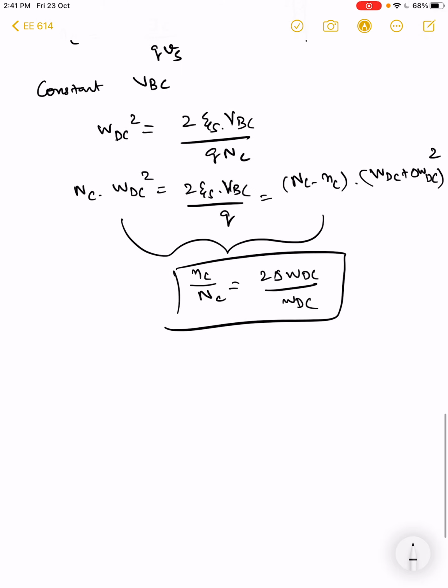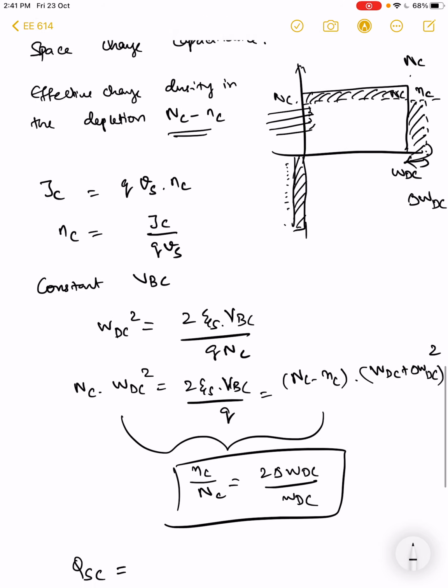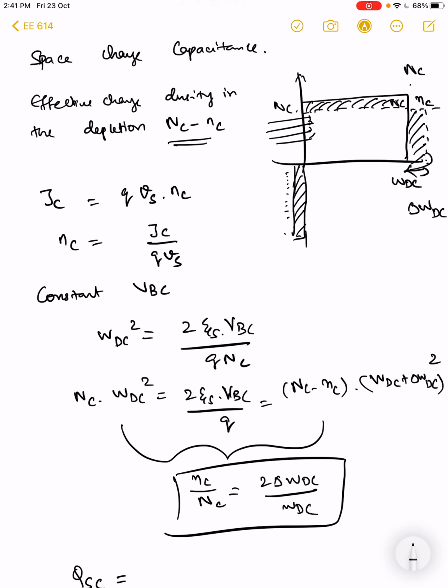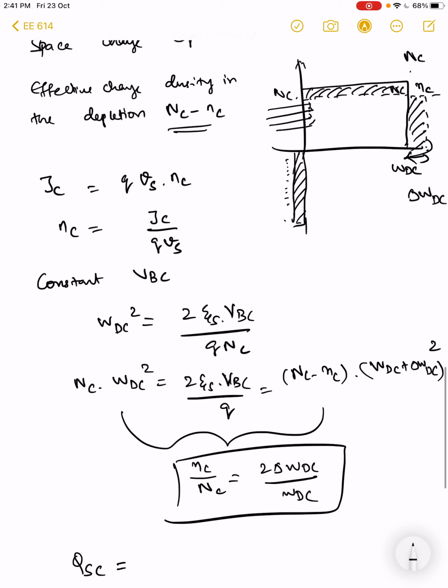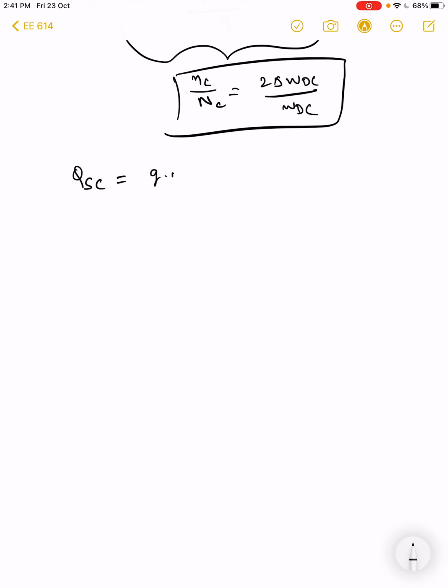Right. So now let us calculate the actual space charge. So this space charge is the change in space charge from the actual depletion charge that we saw. So this will turn out to be this area minus this one, right? So this is Q, oops, not the capital one, NC into WDC minus Q NC minus nc into delta WDC.